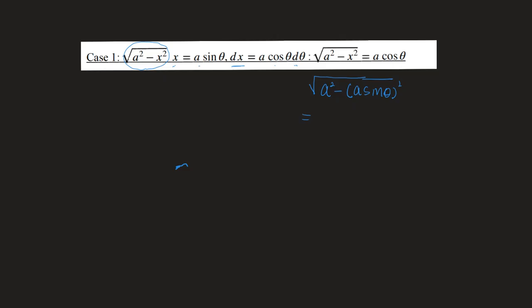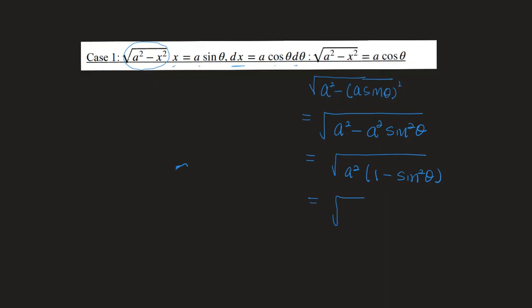Look at this. a squared minus x squared becomes a squared minus a squared sine squared theta. So this is the square root of a squared times 1 minus sine squared theta. You understand that?